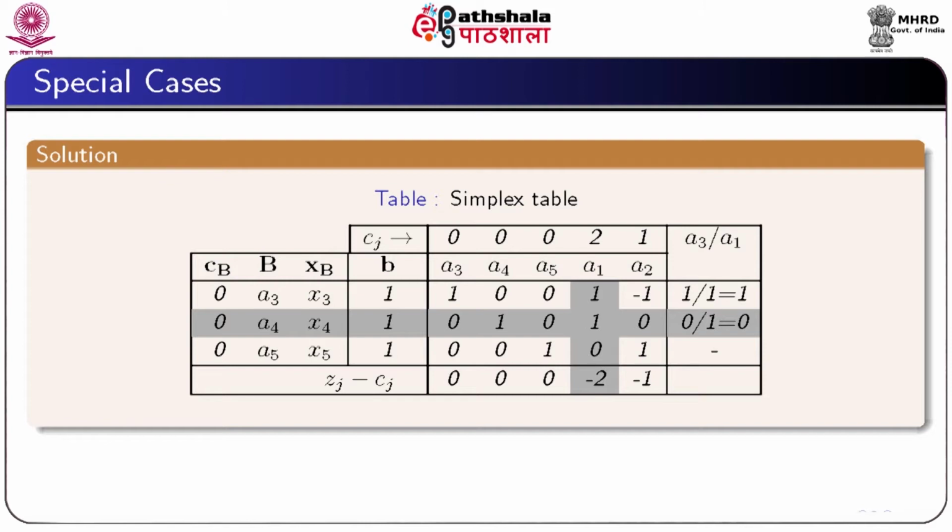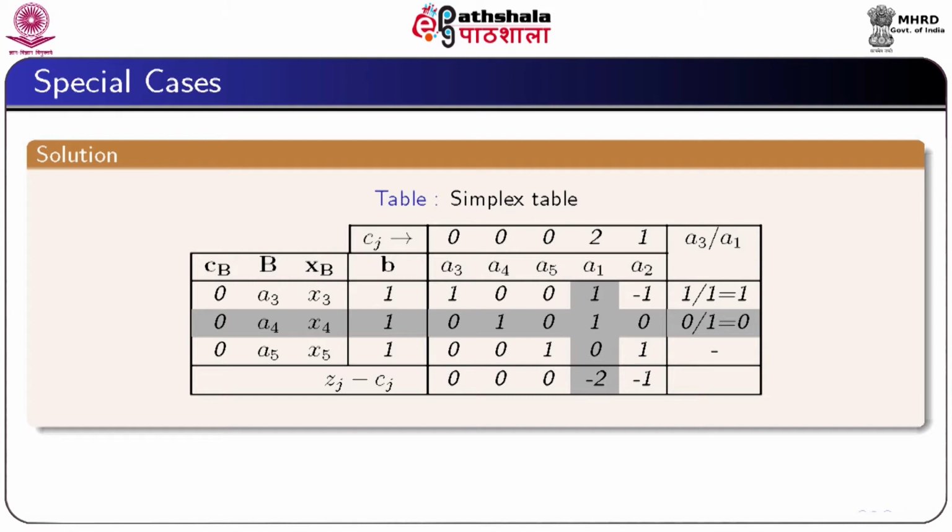Now, we find the minimum ratio for the elements of the vectors a3 and a1 considering the first and second rows only, and we find that the minimum ratio lies in the second row. Hence, the vector a4 will be the departing vector.